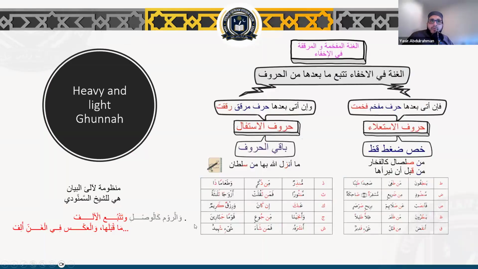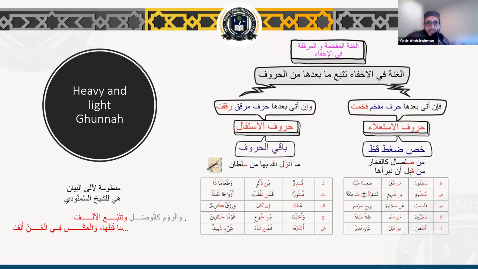That's why if you go to the next page, number 149, and the line of the poem which I quoted from Sheikh al-Samanudi, he is basically talking about the reason why we have to follow the letter. So on the alif, you follow the letter before it. If it's a heavy letter, then the alif becomes heavy, as in the word قال.